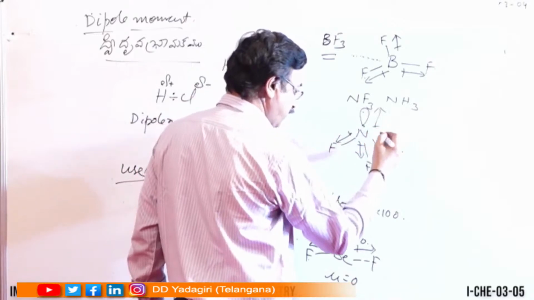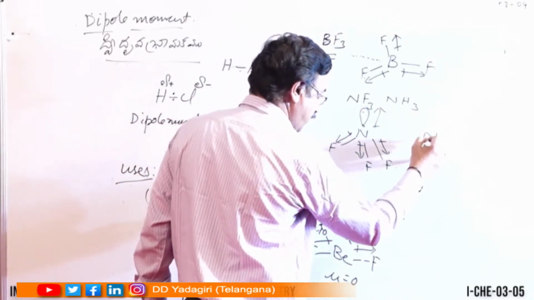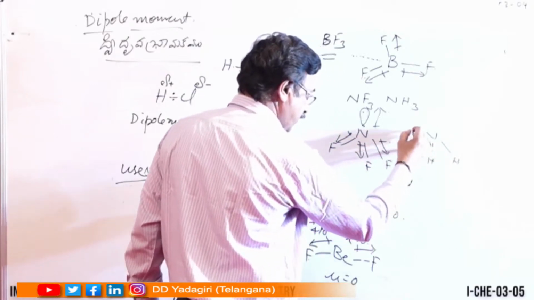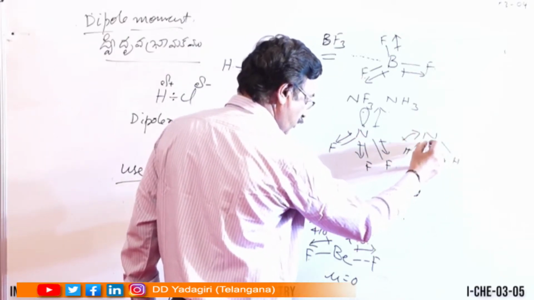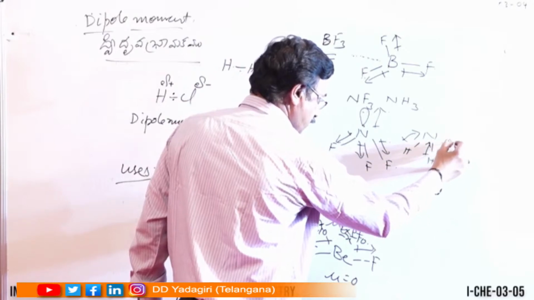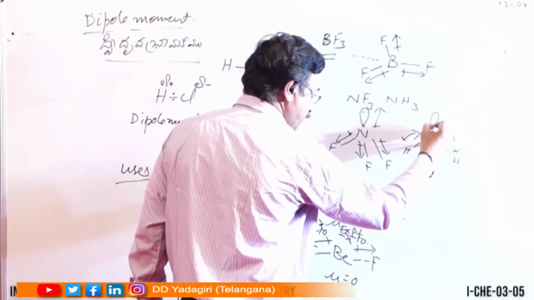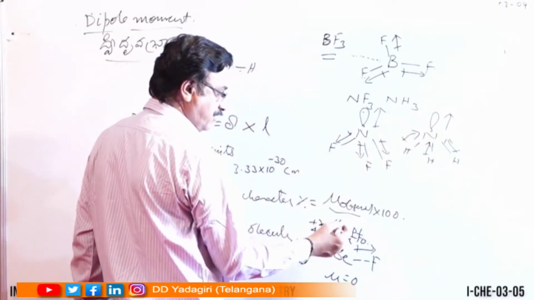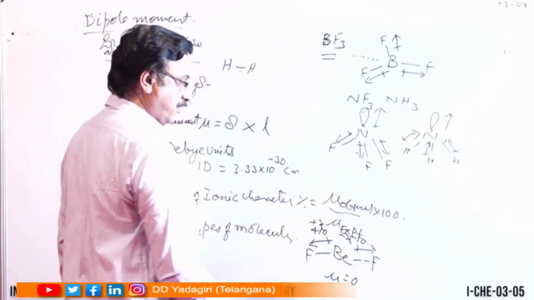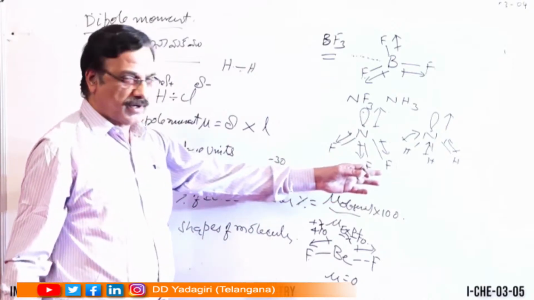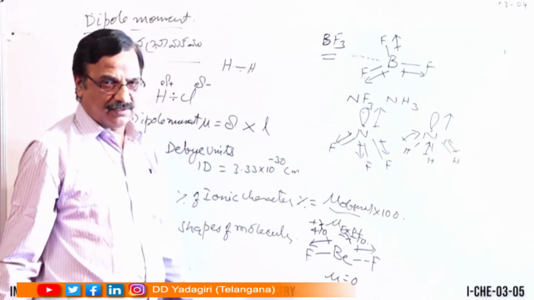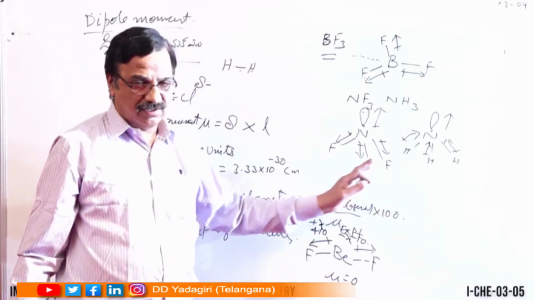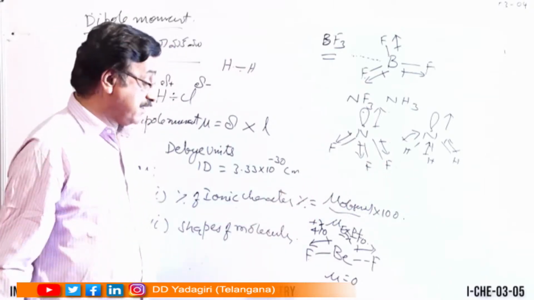In NH3 the bond moments are towards the nitrogen. So this value is more, this value is less. Approximately 0.8 something and 4.9 something. Like that, we get different values, and we get the shapes of the molecule.